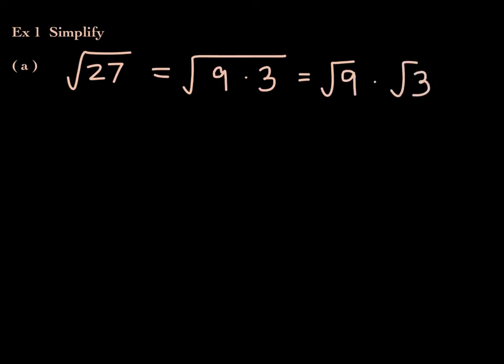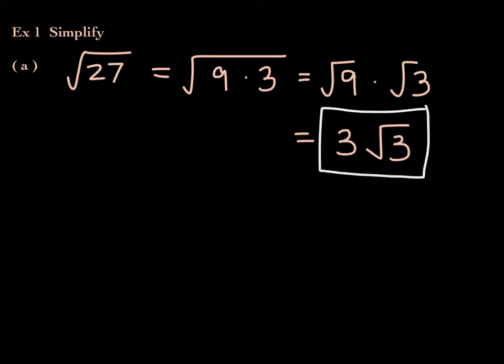Now I'm using the product rule to say that the square root of this product is equivalent to the product of those square roots. So then this just equals the square root of 9, which is 3, times the square root of 3. So this is the final evaluation for this expression. So the square root of 27 is equivalent to 3 root 3.